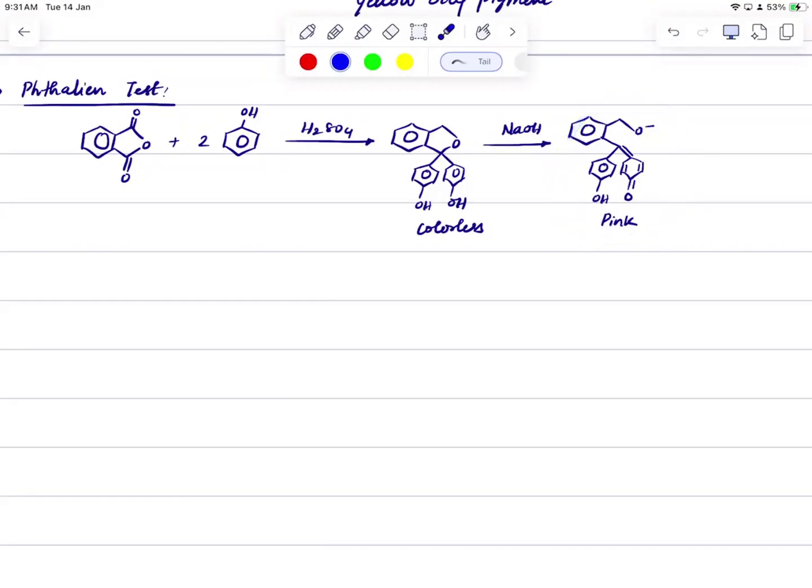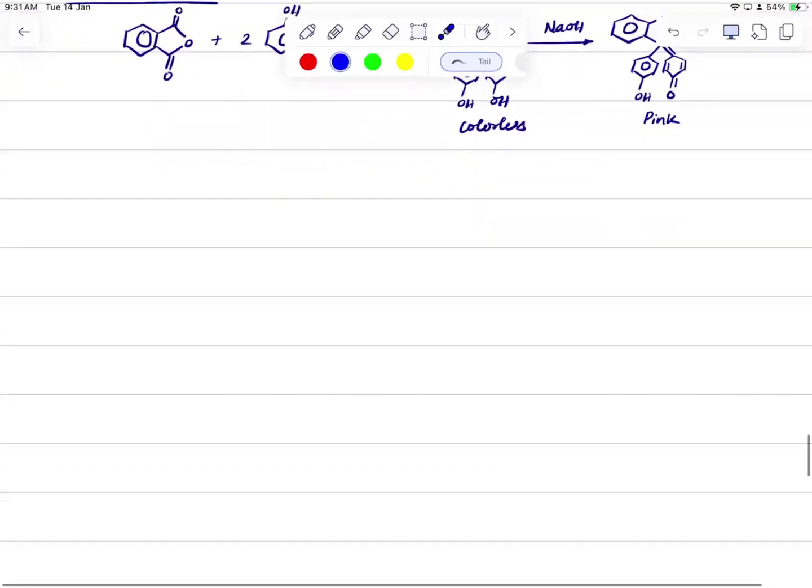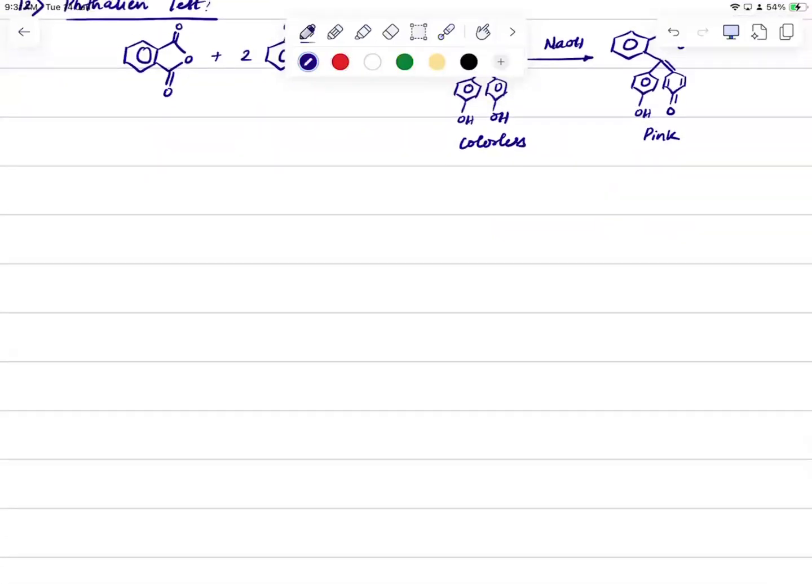Now, important part of phthalein is we will get different colors with different forms of phenols. Usually if you have naphthol, alpha naphthol or beta naphthol.